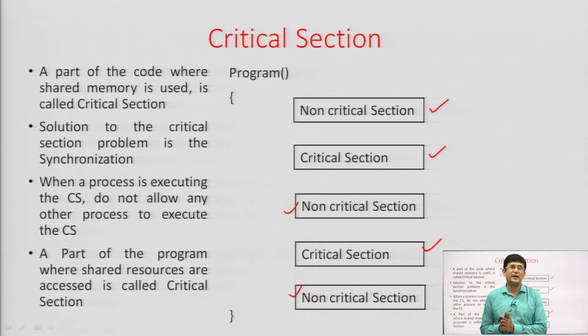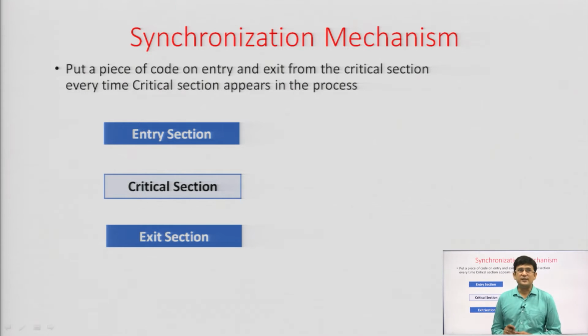It means that we should apply some mechanism, some check before entering the critical section, and we should remove that check when we are exiting the critical section. So, this is the diagram that shows how we can do so. This is the critical section. We should apply some conditions, some part of code in the entry section, and then we should apply some code in the exit section as well.